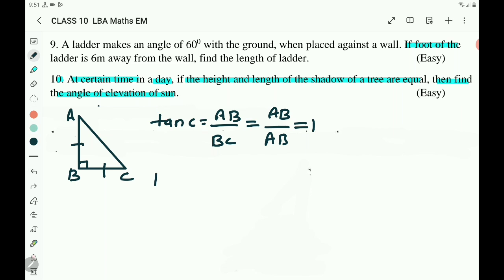Tan 45 is equals to 1. Therefore C is equals to what? 45 degree. Therefore C is equals to 45 degree, and directly you can write the angle of elevation of the sun is 45 degree.